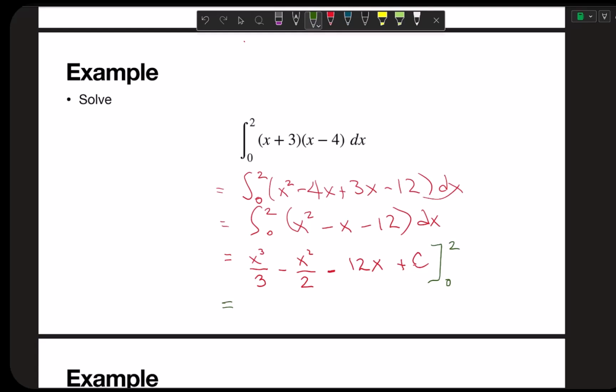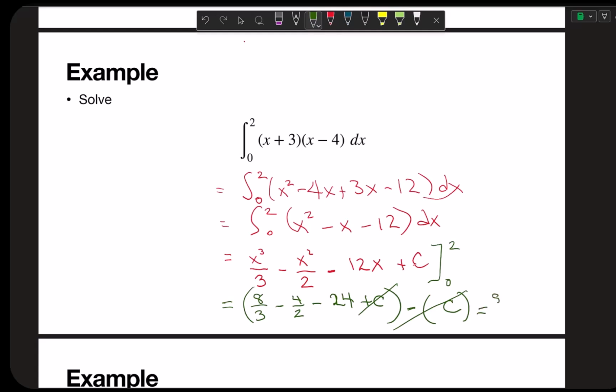I plug in 2 for all my x's, and I get 8 over 3 minus 4 over 2 minus 24 plus c, minus, when I plug in 0, everything goes to 0 but the c. And notice the c cancels with the c, which is why I don't need the c.